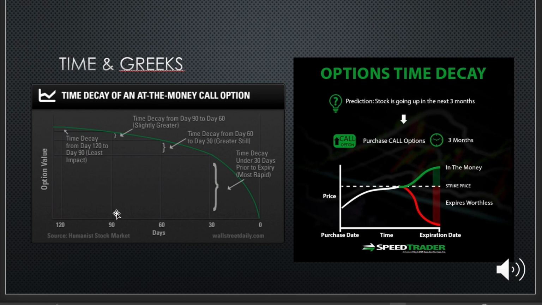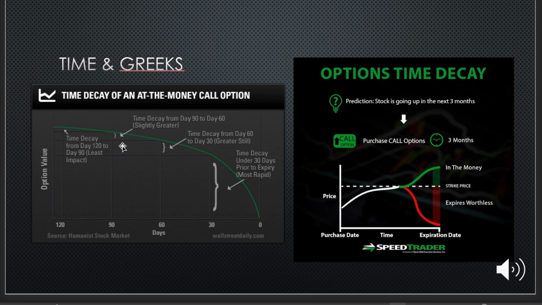And this is a very nice graph, which basically tells you, look at what happens between the first 30 days of the life of an option, right? Between those first 30 days, look at how little the value of that option drops from this level to basically this level, okay? We can basically fit one of these crosshairs in there.